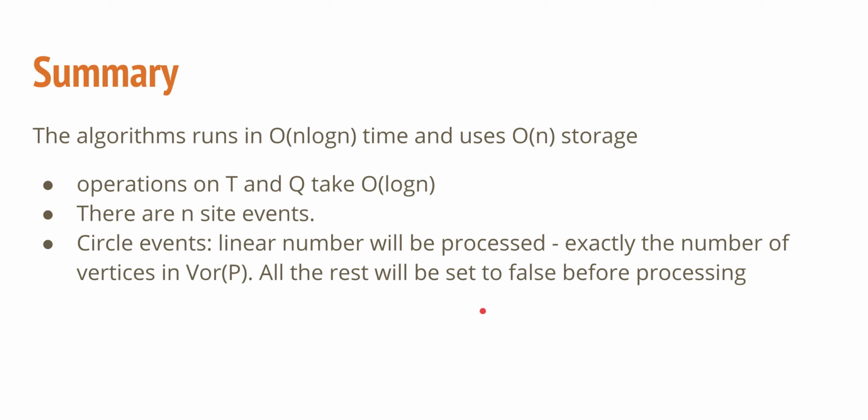All the rest will be set to false, and we know that the number of vertices in the Voronoi diagram is linear, so the number of circle events is linear as well. So in all, we have a linear number of events, each costing log n, which gives us n log n.